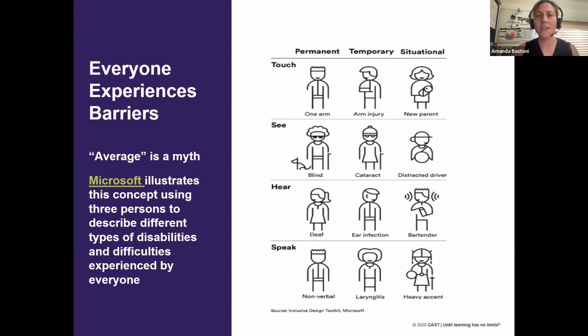So what we want to highlight here is that when we design for folks, as Luis said, who are maybe traditionally or typically in the margins or not considered in the design, we actually design a better experience for everyone, because everyone at some point experiences what we consider permanent, temporary, or situational disabilities. And I'm going to hand that over to Luis just to see if he wants to say anything about this.